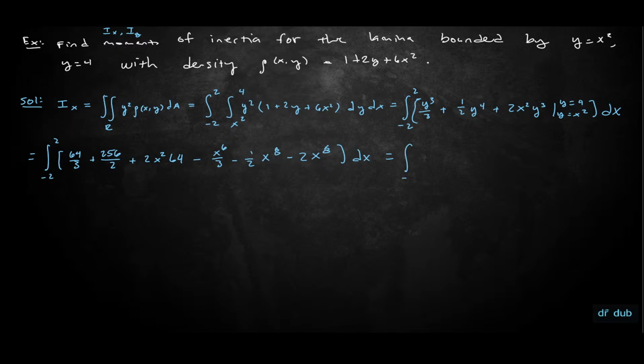So that's the integral from -2 to 2 of 448 over 3 plus 128 x squared minus x to the 6th over 3 minus 5/2 x to the 8 dx.